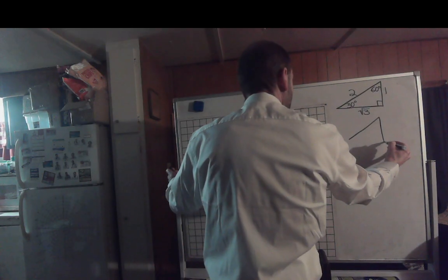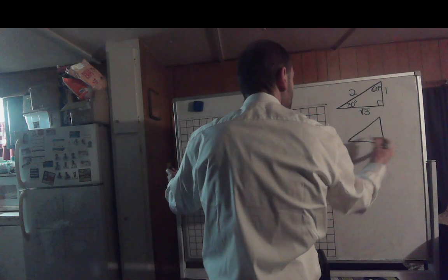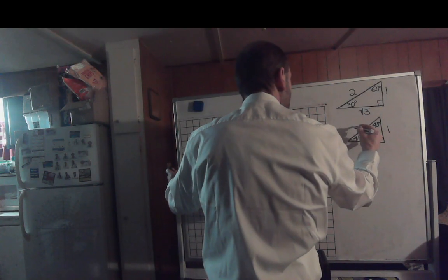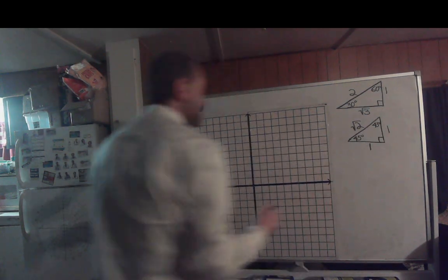So here's a 30, 60, 90 right triangle. Let's also obtain a 45, 45, 90 right triangle. These are definitely going to come in handy.